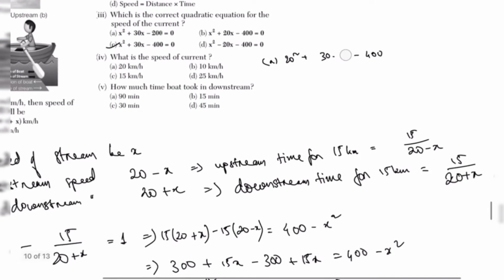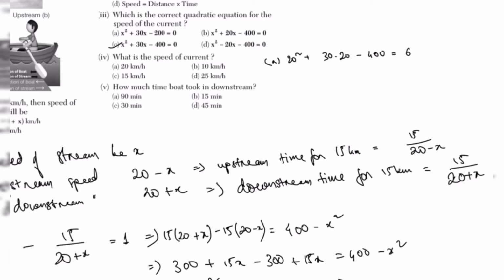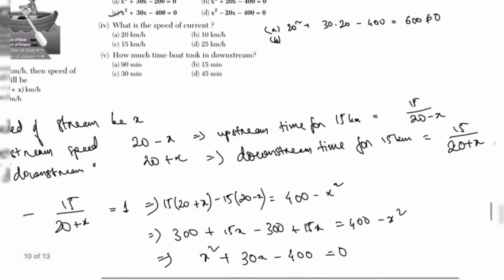So this is 400 plus 600, 1000, minus 400 is 600, which is not equal to 0. So option A is out of question. Let us see 10. So 10 square plus 30 times 10 minus 400. See, this is 100 and then you have 300. So 400 minus 400 is 0. Option B is correct.